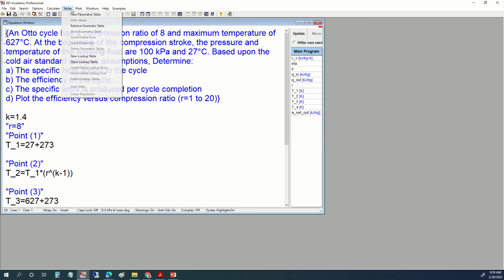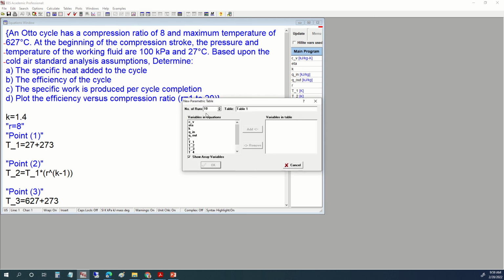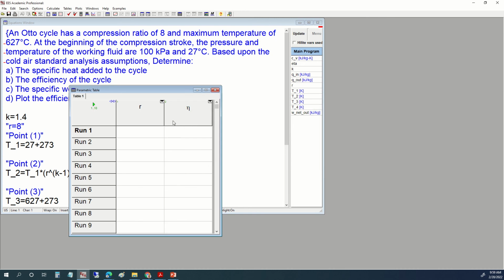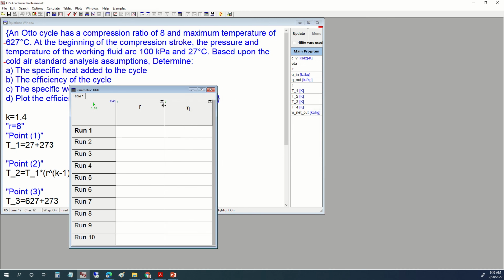Now what we will do, we're going to create a table, we call it a new parameter table, where R we're going to plot with efficiency. So here is eta. So now 2 variables in this table, and we have 10 runs.